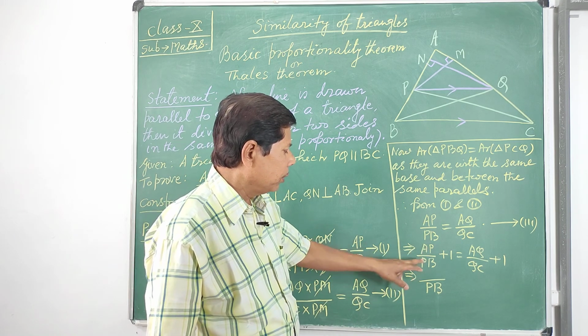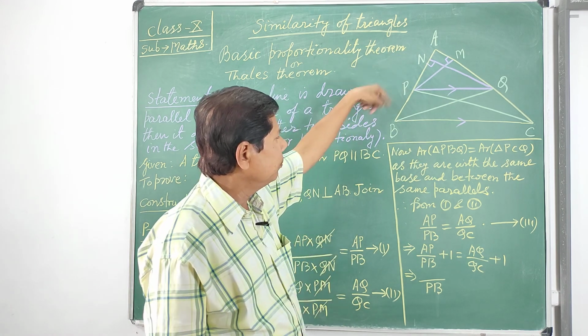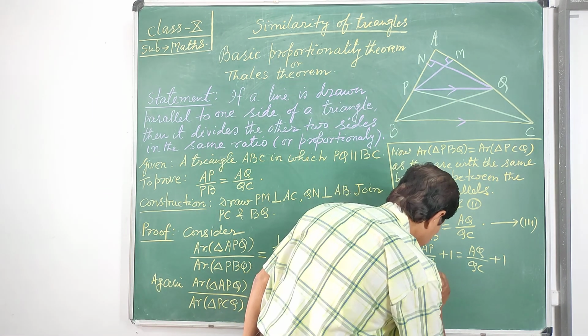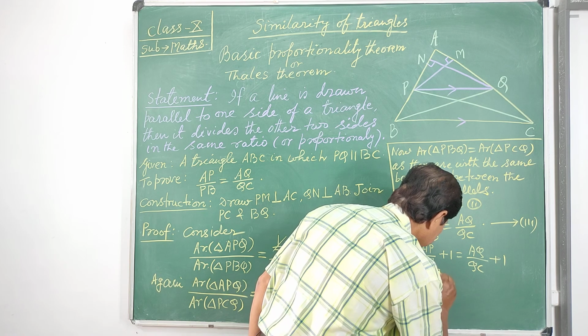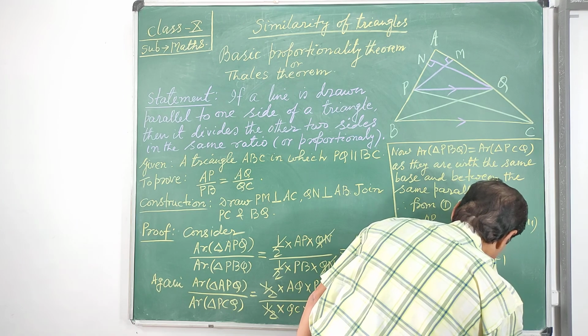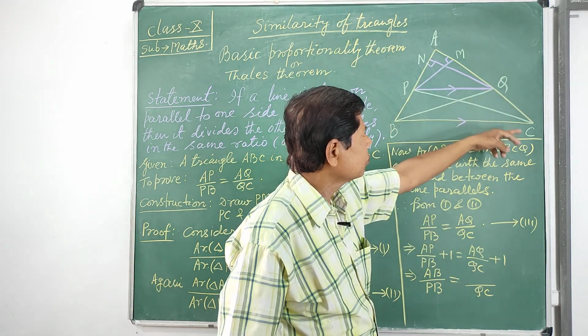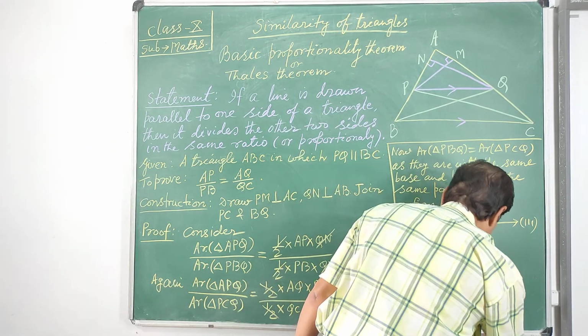The numerator will be AP plus PB. See the figure, AP plus PB will be equal to AB. Similarly, if you take QC as the base, then AQ plus QC will be your AC.